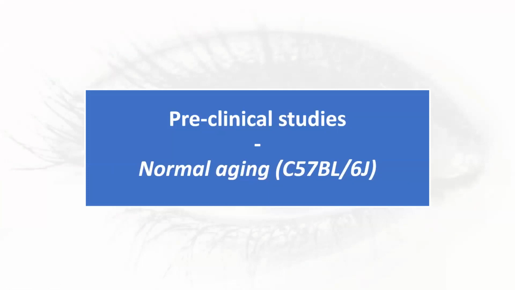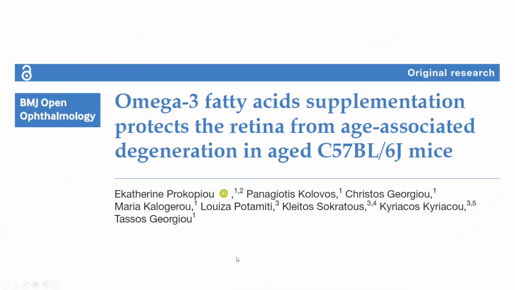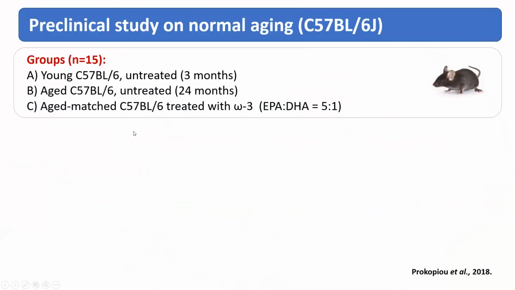Okay. So in terms of the preclinical studies, I have the normal aging model, where we did see protection of the retina from age-associated degeneration in the black 6 mice. Here we have three groups.